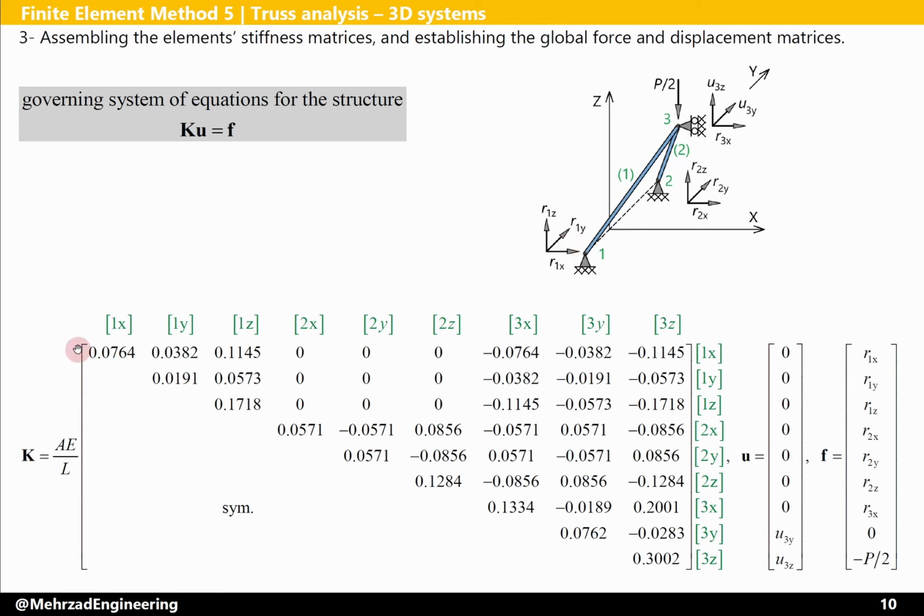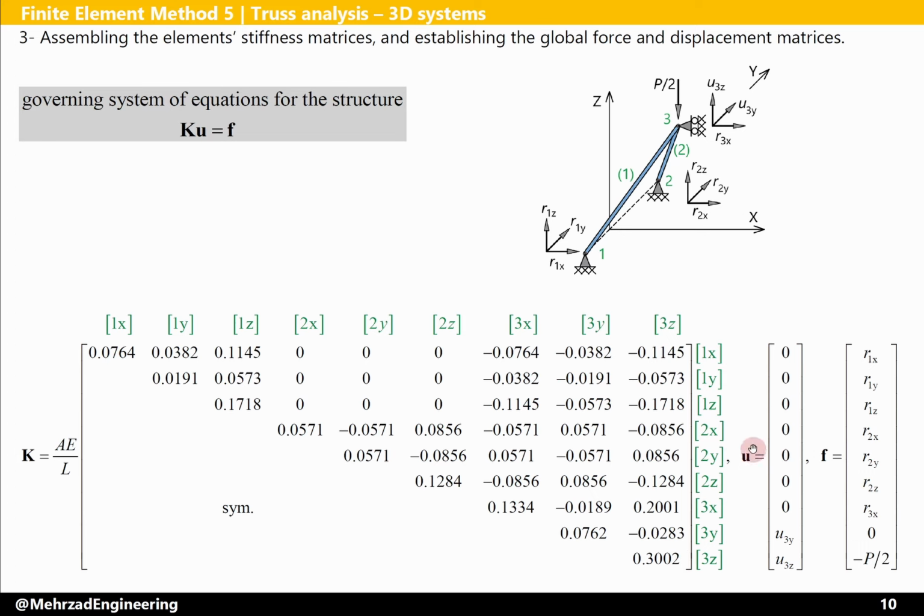So the stiffness matrix of the structure should have 9 rows and 9 columns. We could assign degrees of freedom based on the global node number on top and beside of the stiffness matrix, and then by referring to the stiffness matrices of the elements and finding the corresponding entries, we could fill out the stiffness matrix for the structure.